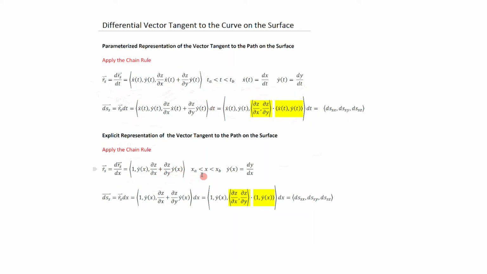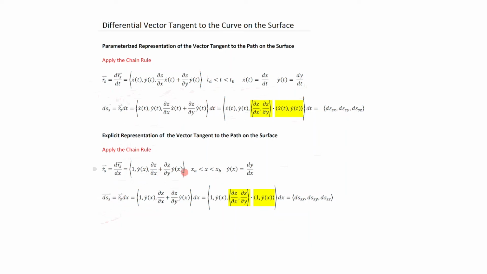In this case, x varies between x subscript a and x subscript b, an upper limit and a lower limit. Okay, so the next thing let's do is look at the differential arc length vector, again based on an explicit representation. The only difference is that this just has a dx now.